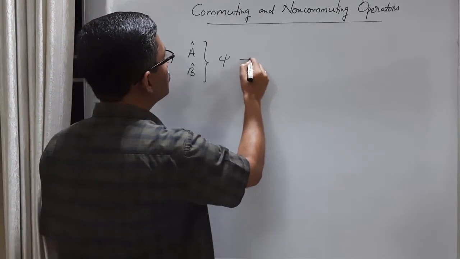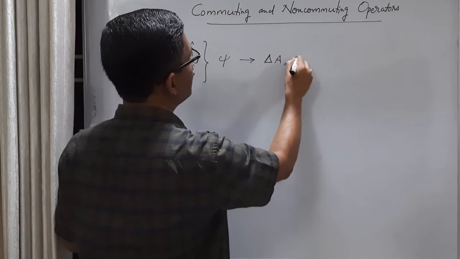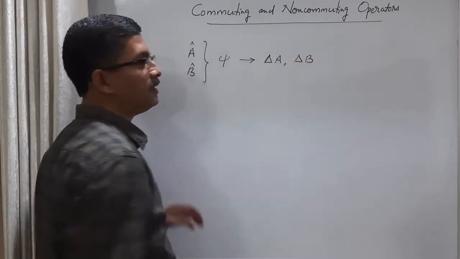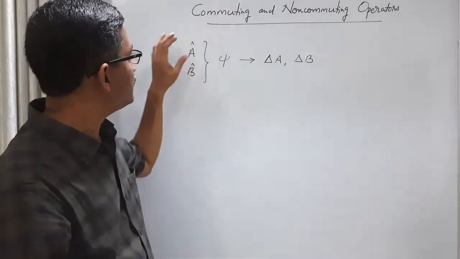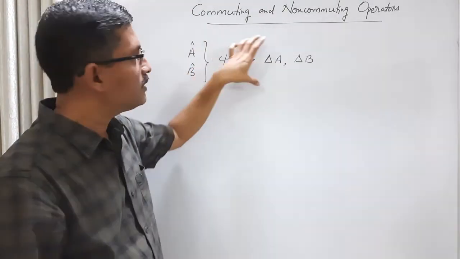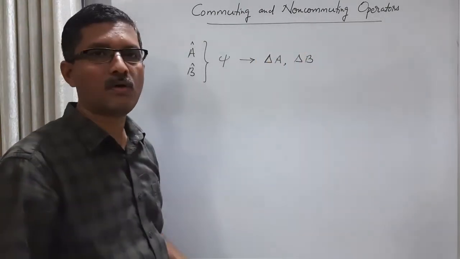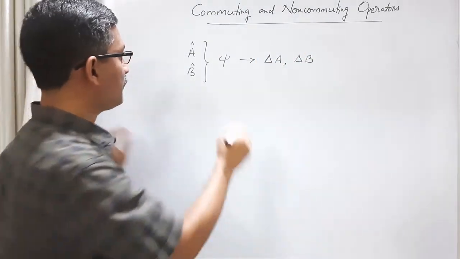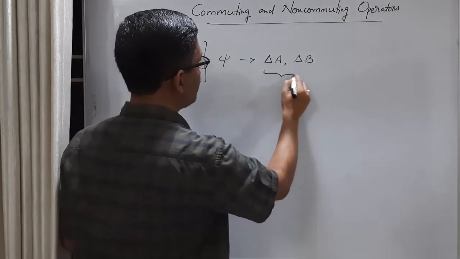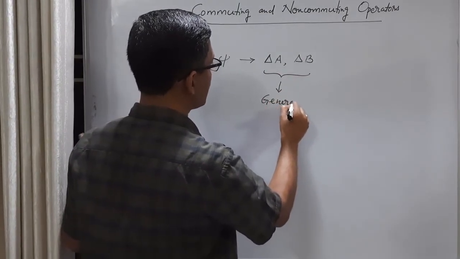So we get delta A, the uncertainty in A, and delta B, the uncertainty in B. Since both delta A and delta B are measured in the same state, there is a correlation between delta A and delta B, and this correlation is called the uncertainty relationship. So they satisfy a general uncertainty relationship.